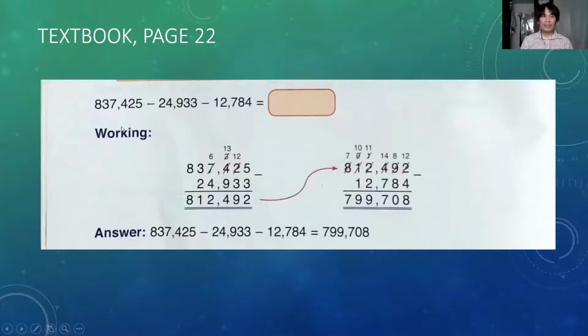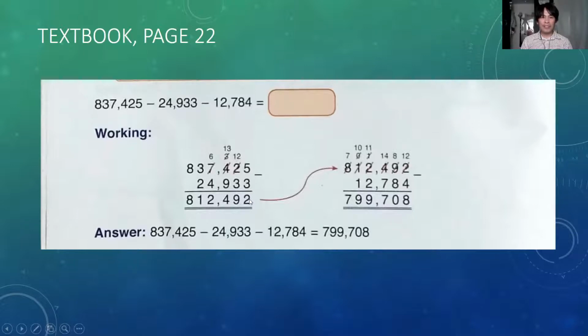So that's the example for subtracting three numbers. Look at the screen. 837,425 minus 24,933 minus 12,784. As stated in the rule, we use the first and the second number first.